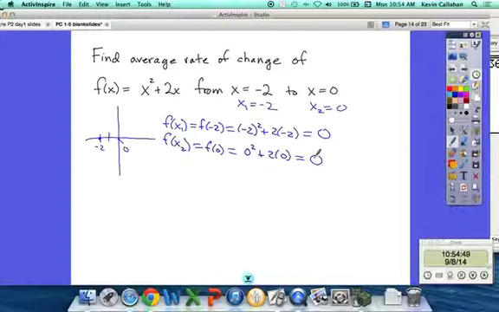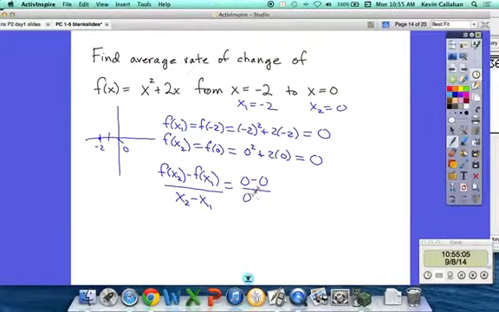So our formula says the average rate of change is f of x2 minus f of x1 over x2 minus x1, which is 0 minus 0 over 0 minus negative 2, which is 0 over 2, which is 0. So between those 2 points, the average rate of change is 0, meaning that secant line was a horizontal line.